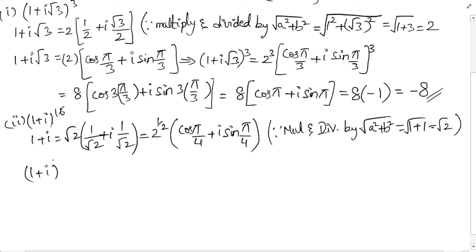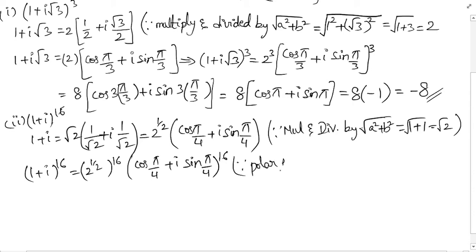Okay, so we can write (1 plus i) power 16 as (2 power 1 by 2) whole power 16, (cos pi by 4 plus i sin pi by 4) power 16. This is because the polar form of a plus ib is equal to r (cos theta plus i sin theta). Okay.